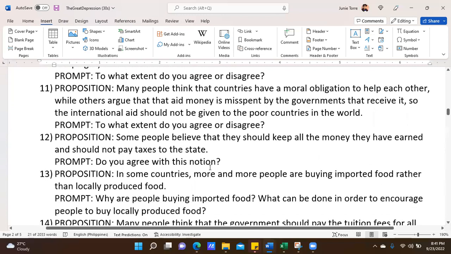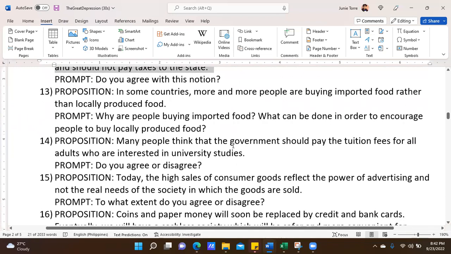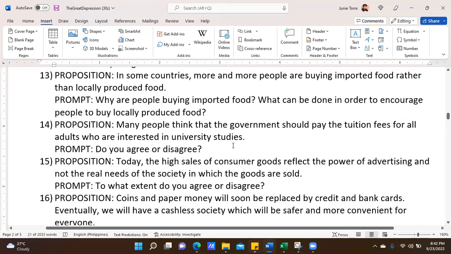So, many people think that countries have a moral obligation to help each other, while others argue that the aid money is misspent by the governments that receive it, so international aid should not be given to the poor countries in the world. That's globalization. Some people believe that they should keep all the money they have earned and should not pay taxes to the state. I agree. Taxes will only be corrupted.